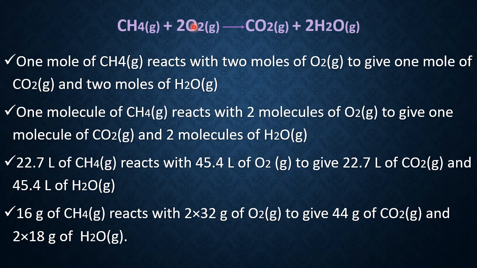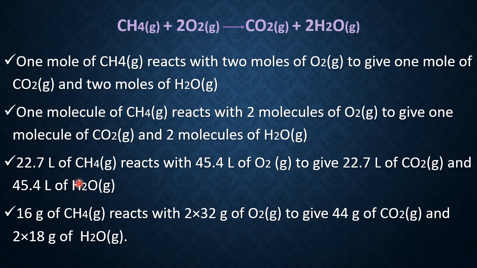Both are equal, both are accepted. So that is 2 moles, 22.7 into 2. Now, how many moles of CO2? 1 mole. 1 mole equals once again 22.7 liters as per Avogadro. And 2 moles of water in terms of volume, gas, it is 2 into 22.7, that is equal to 45.4. So, this is in terms of volume.